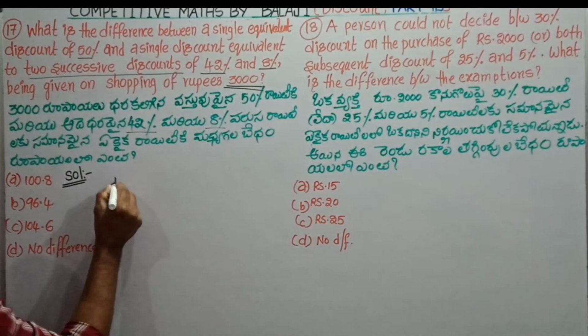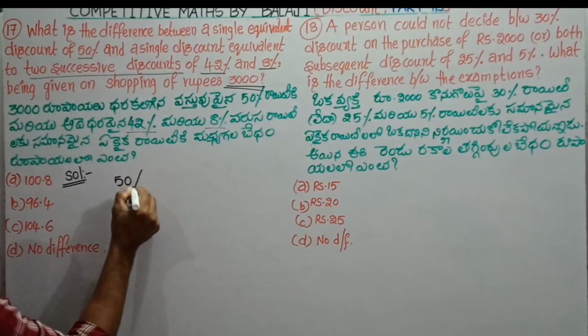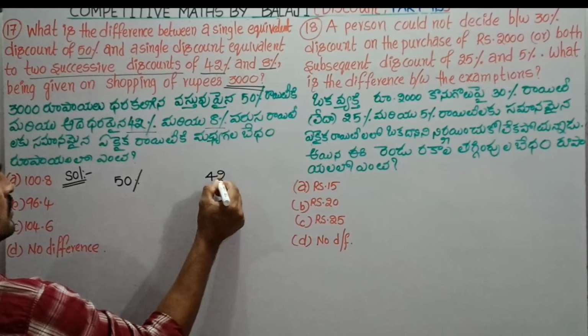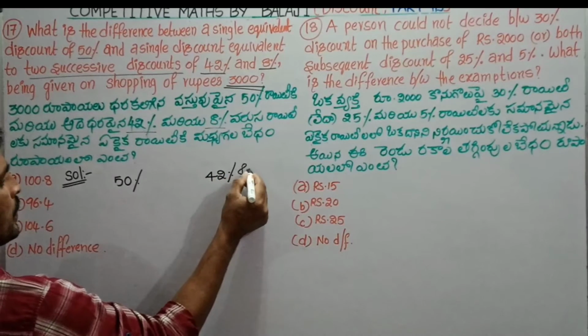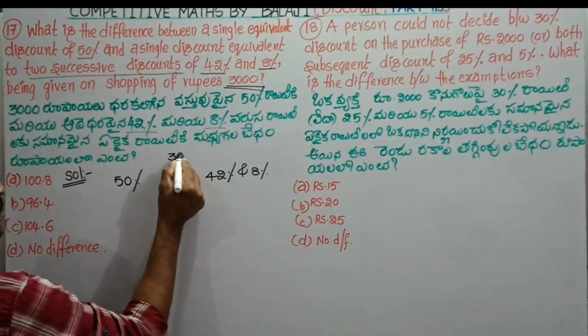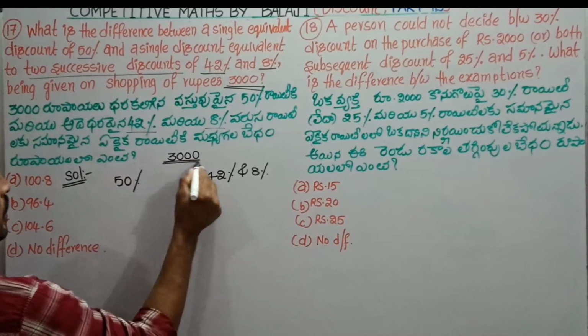A single equivalent discount of 50% and two successive discounts of 42% and 8% on a shopping of rupees 3000 are given.